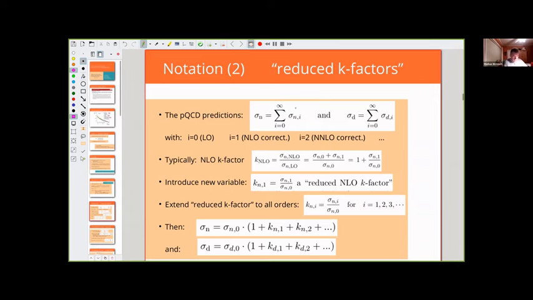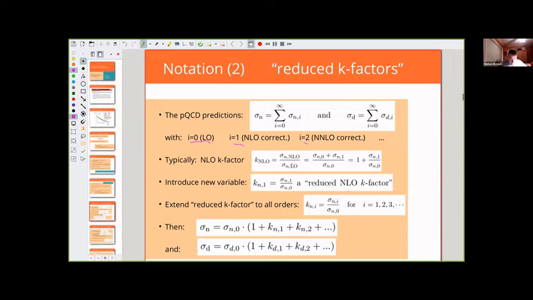So at the top, we see the standard formula for pQCD predictions, right? The cross-section sigma n is expressed as a perturbative expansion over all orders, where 0 corresponds to the leading order contribution, 1 to the NLO correction, and 2 to the NNLO correction. Usually an NLO K factor is defined just as the ratio of the NLO prediction over the leading order prediction.